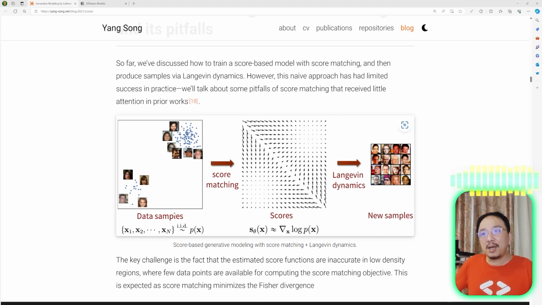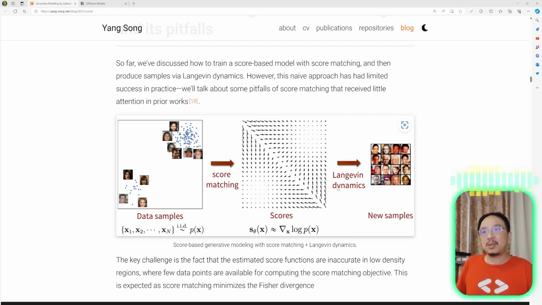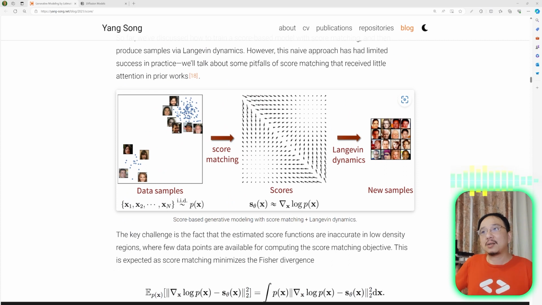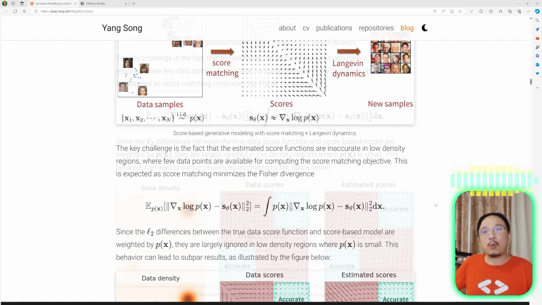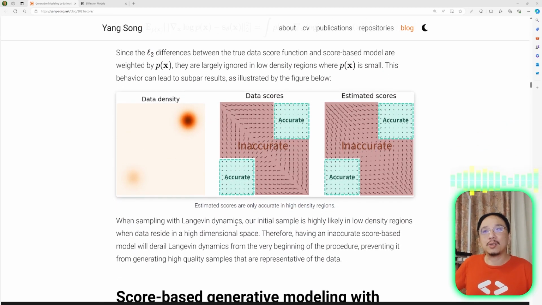In this case, if we have a perfectly accurate score function from score matching, then everything should be fine. However, because our samples are mostly centered on this part and this part, we don't have any samples around other places. So the score matching function doesn't converge well or doesn't have accurate values in other areas.